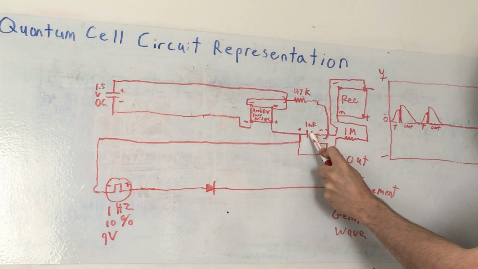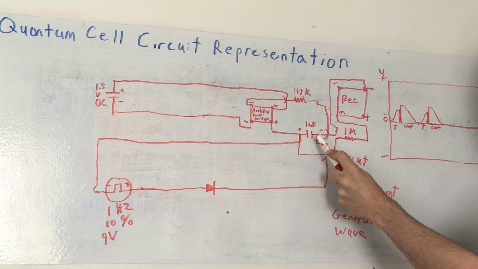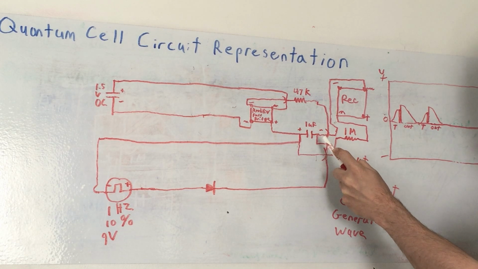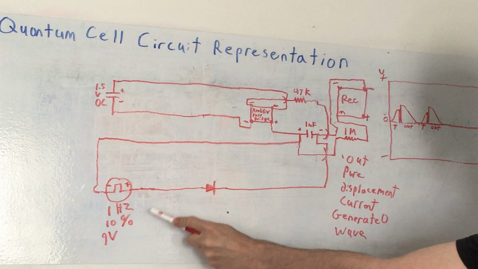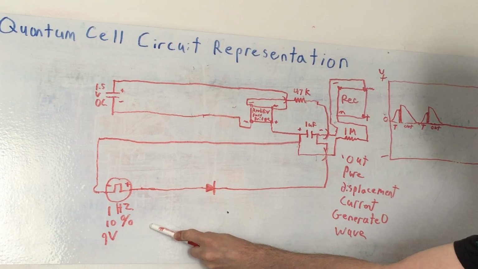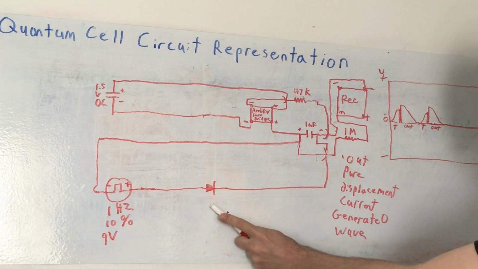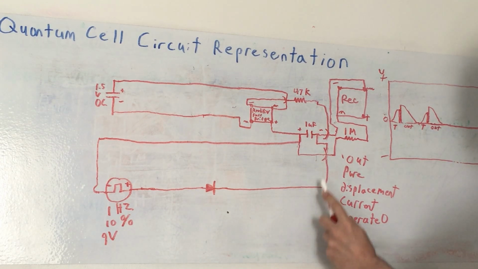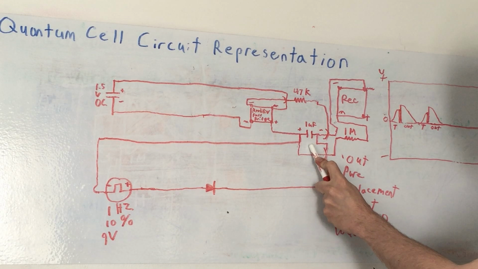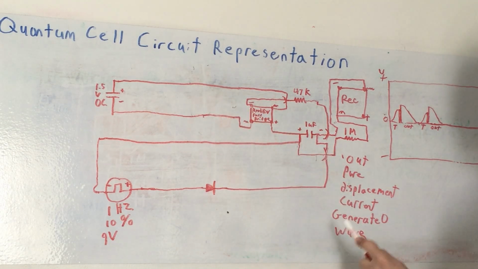So this charges a 1 uF capacitor, which simulates the capacitive element in our quantum cell here. And we also have a 1 Hertz, 10% 9 volts, like I was simulating with my battery, with the help of a diode here to help with feedback, which keeps triggering the capacitor at the reverse of the standing voltage.